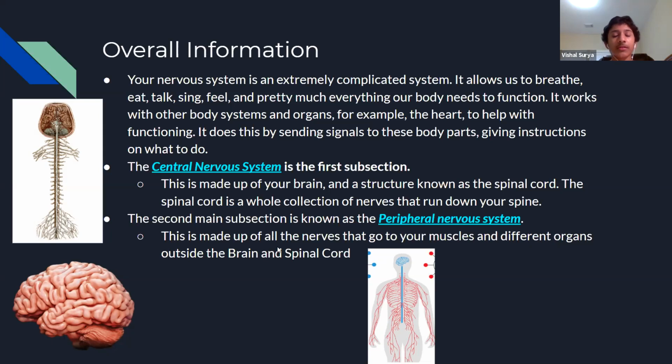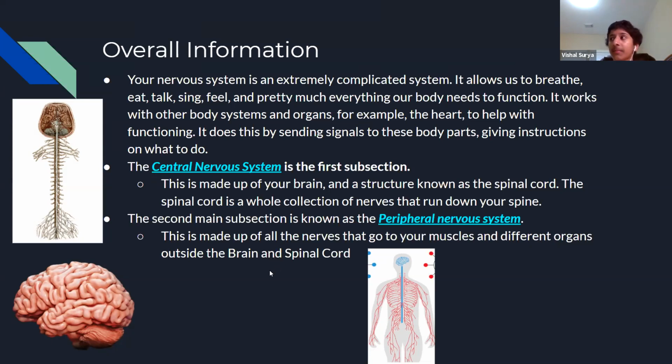In the nervous system, there are two main subsections that people who study the nervous system, or neurologists, like to categorize. The first is the central nervous system. This is made up of the brain and a structure known as the spinal cord. As the name suggests, the spinal cord is a whole collection of nerves that run down your spine.